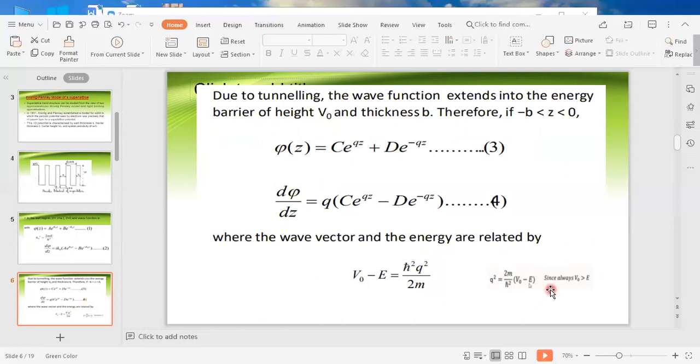So that comes to equation number 3, and we're taking the first derivative. So d phi by dz is equal to q times C e raised to qz minus D e raised to minus qz. That is equation number 4.